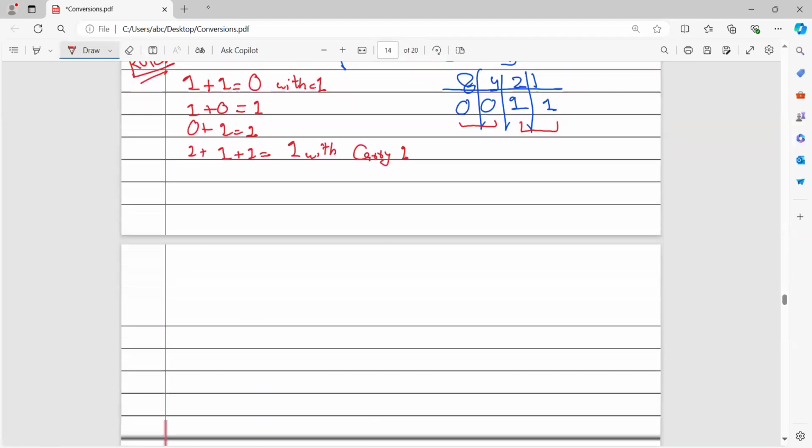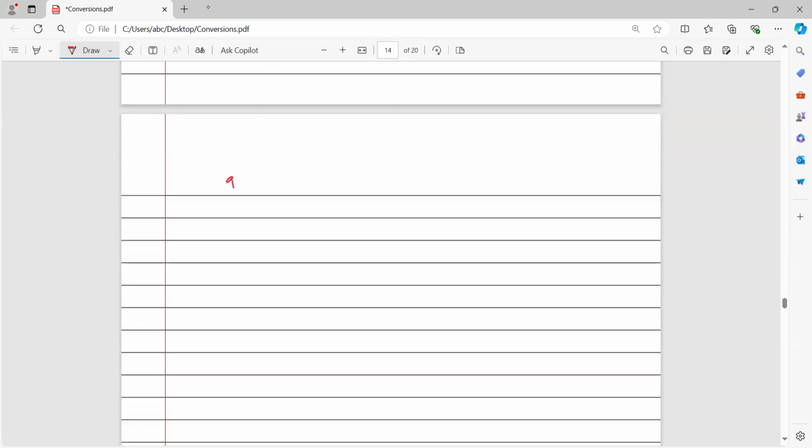So let's say if I ask you to add a number of values, for example 1, 0, 1, 1, 0, 0, 1, 1, and 1, 0, 1, 0, 0, 1, 0, 1. So what are we going to do? Add them.